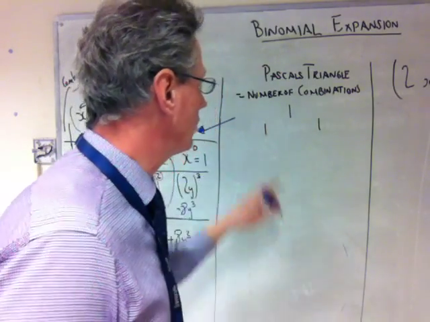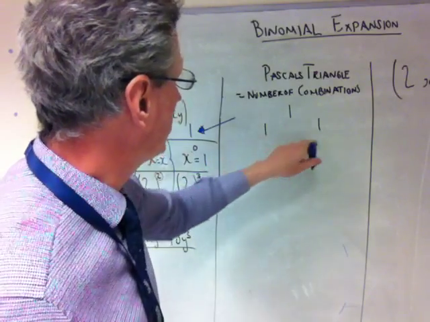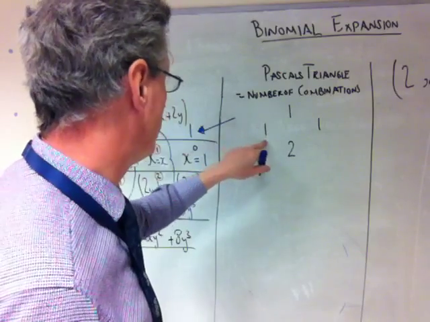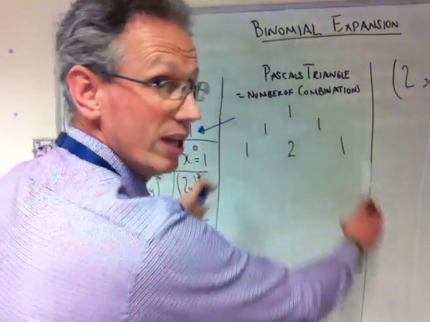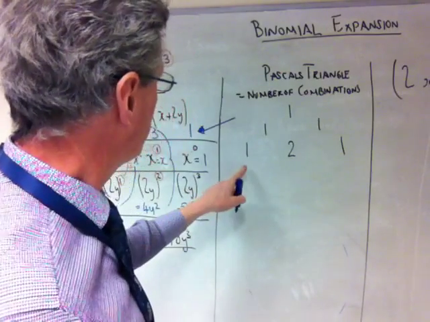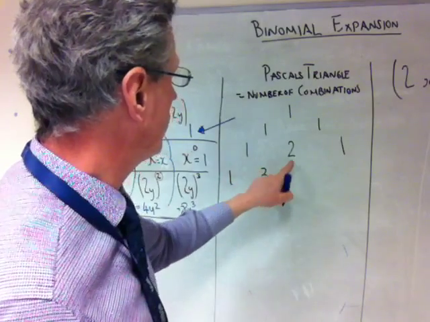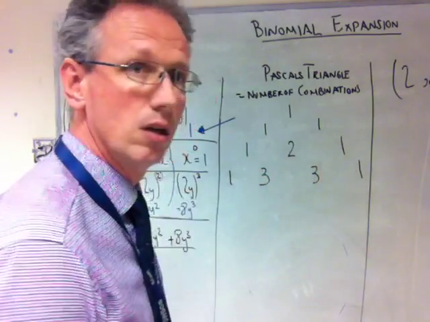So once we've started off in this format, it's a lot easier to see. So here, 1 plus 1 makes 2. This side, there's just one number on its own, so that's 1 and that's 1. There's always 1 on the outside, if you like. So the next one would be 1 plus 2, 3, 2 plus 1, 3, and then 1 on the edge.